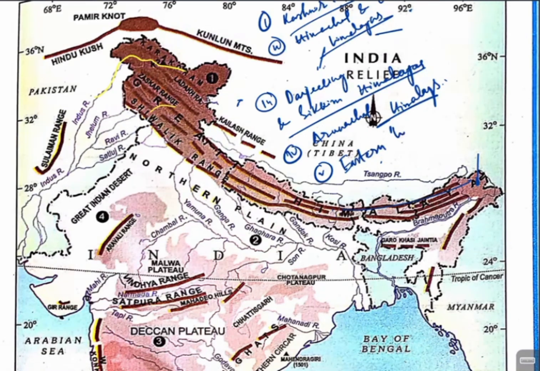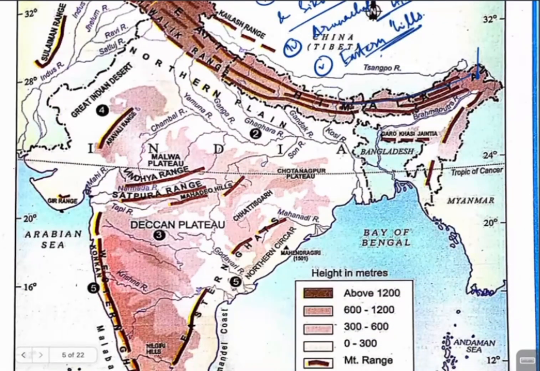Eastern Hills start from Nagaland to Mizoram, oriented in a slightly north-south direction, starting from Patkai Bum, Naga Hills, Manipur Hills, also called Lushai Hills, and the southernmost is the Mizo Hills.